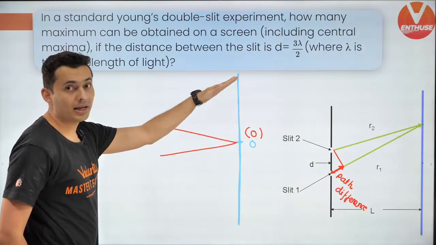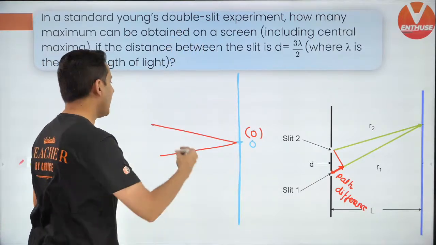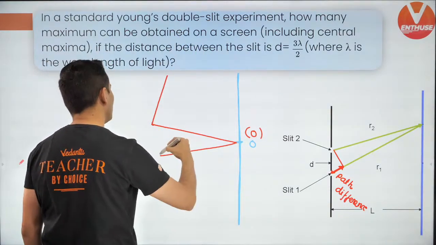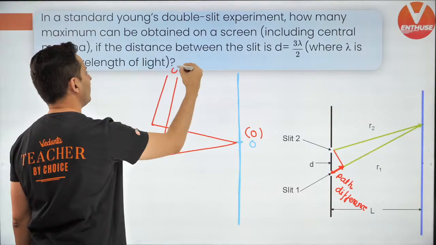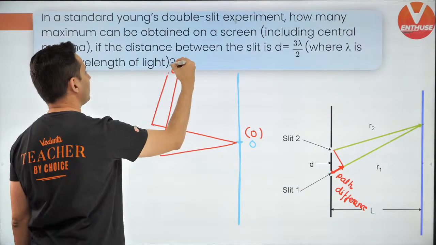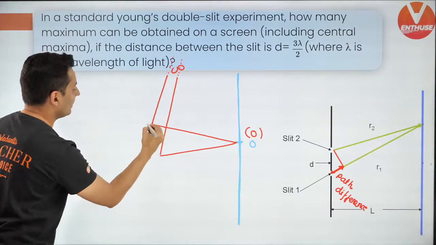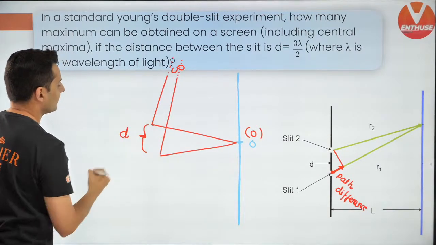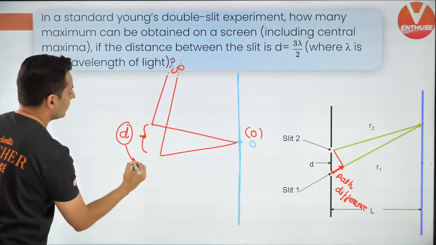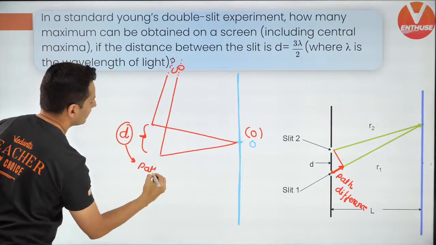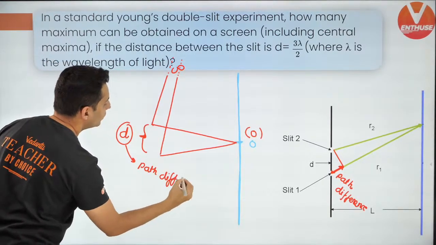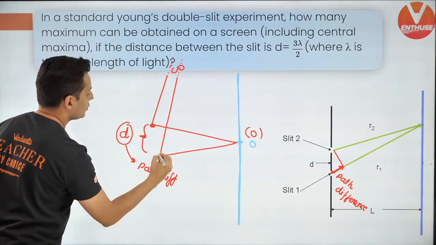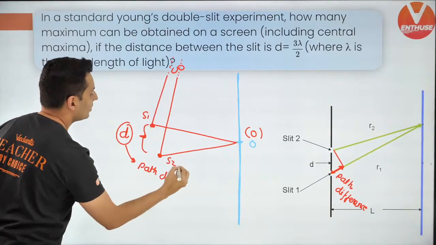As you go up, the path difference will keep on increasing. And as you go to infinity, think about it. What will happen? The path difference will be nothing but the distance between them only. So this distance will only become the path difference between the two rays of light. This is source 1, this was source 2.